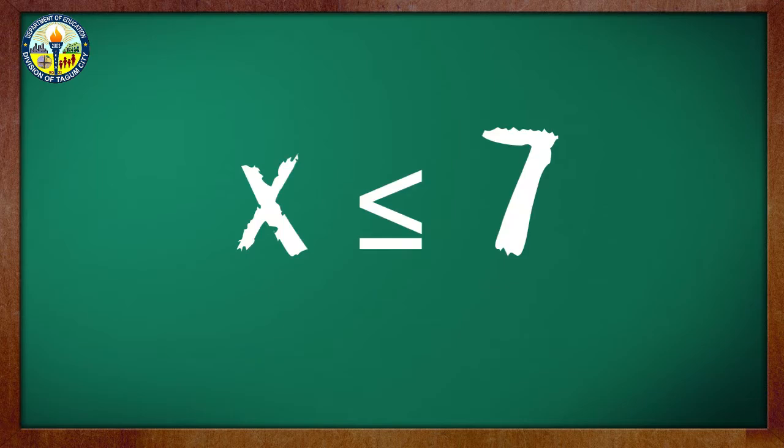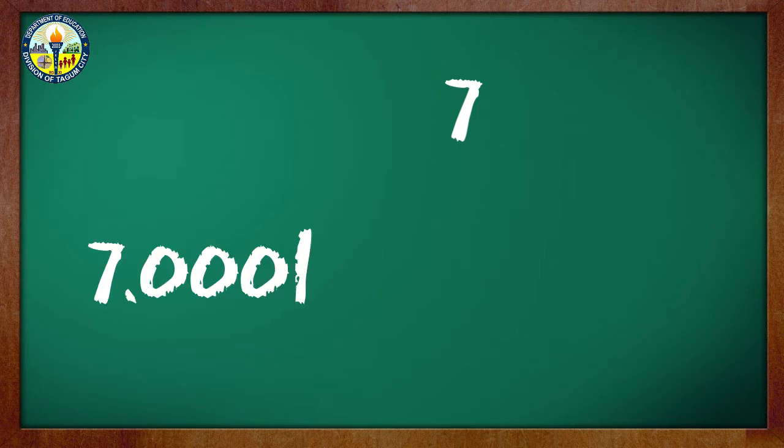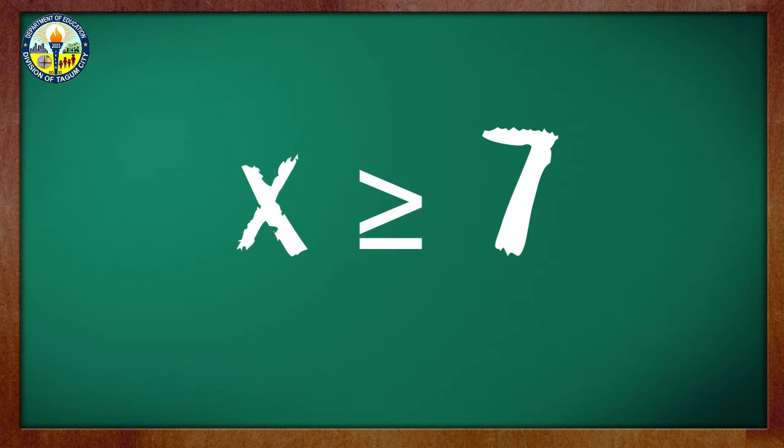In symbols, x ≤ 7. Or, not equal to could be x is equal to or greater than 7, which could also be translated as the value of x is at least 7, meaning the smallest value of x is 7, like 7, 7.0001, 7.5, 8, or any number higher than 7. In symbols, x ≥ 7.